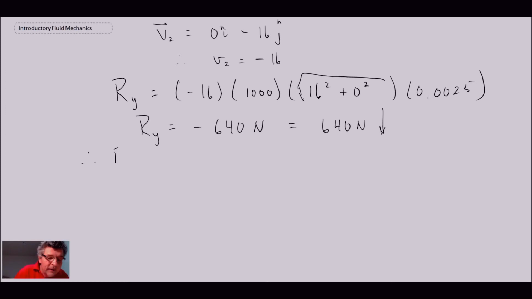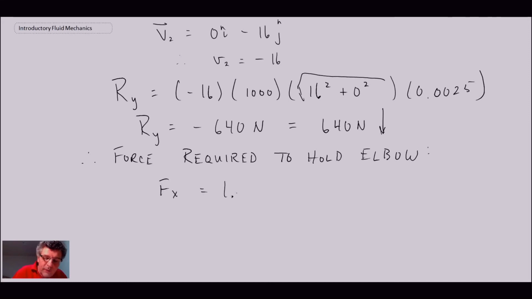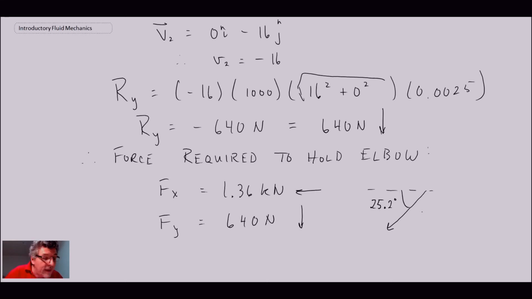So what we can write is the force required to hold the elbow, we can say it is Fx is 1.36 kilonewtons to the left, and Fy is 640 newtons down, and we can then resolve that vector, and the angle would be 25.2 degrees, and the magnitude is 1,503 newtons, or 1.5 kilonewtons. So that is the solution to the problem of the reducing elbow.